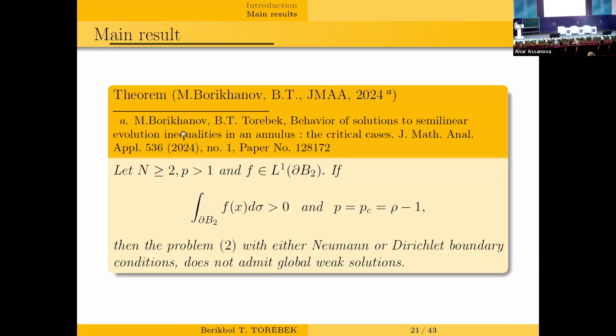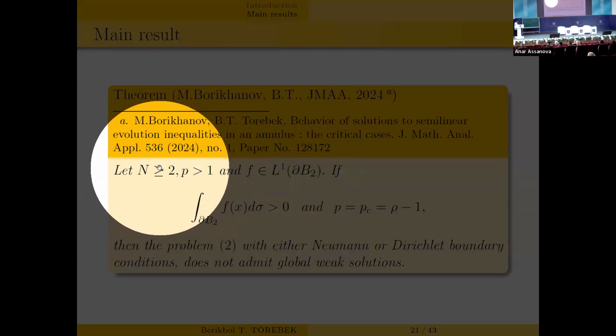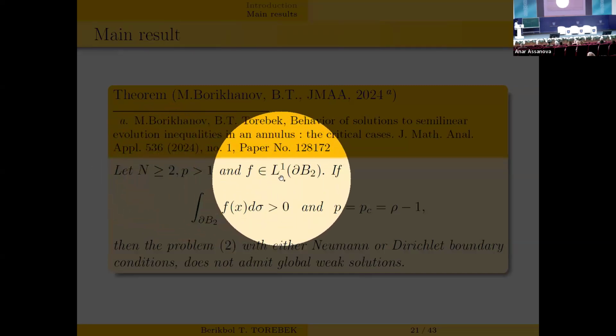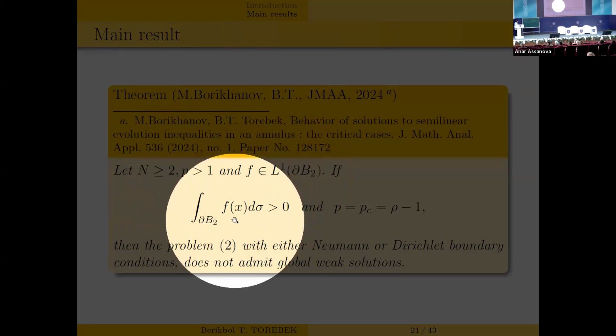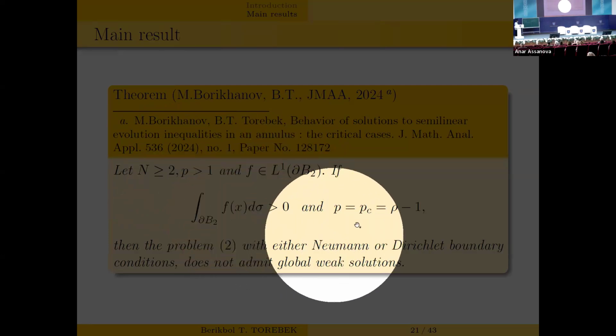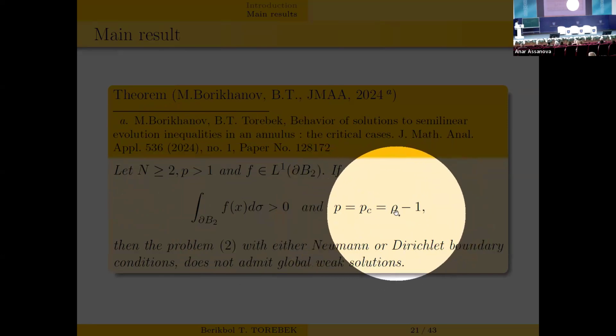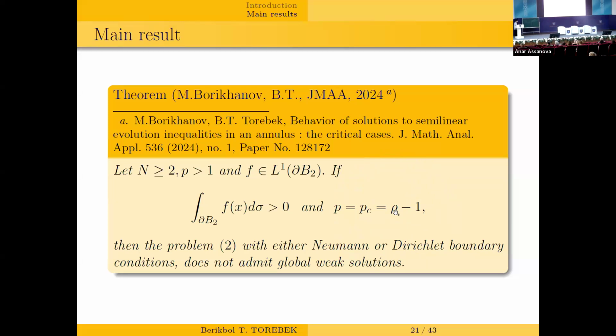Here we suppose that n starts with 2, p is greater than 1, f is an integrable function on the boundary, and the integral of f on the boundary is strictly positive, and p equals the critical case, rho minus 1. Then the Dirichlet and Neumann problems for the semilinear heat equation do not admit a global in time positive solution. It means that in this case the critical case also belongs to the blow-up case.